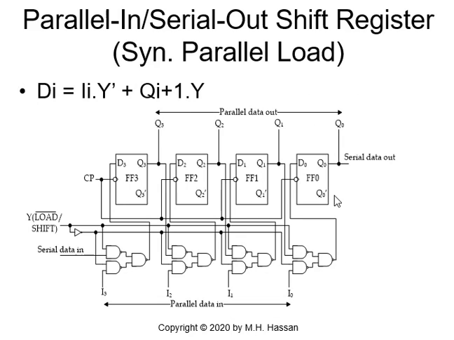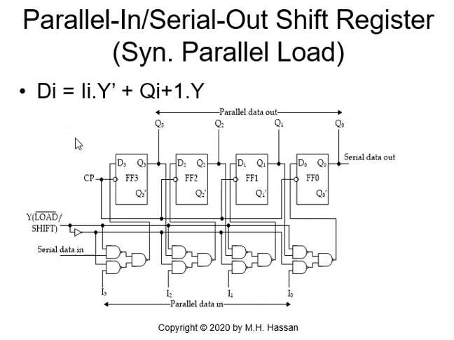Now, we can have a synchronous parallel load. Rather than using asynchronous parallel load by using the preset and the clear, I can have a Y control signal. If Y is 1, this will be the shift mode. If Y is 0, this will be the parallel data mode.